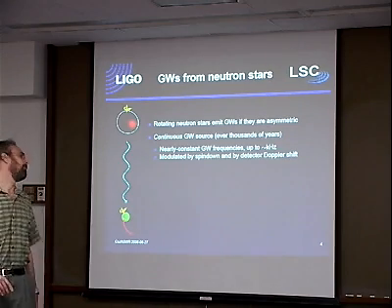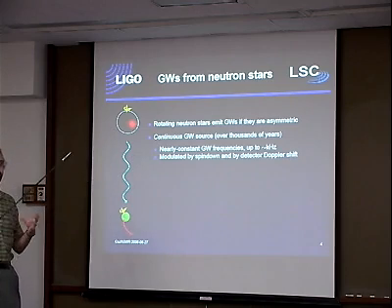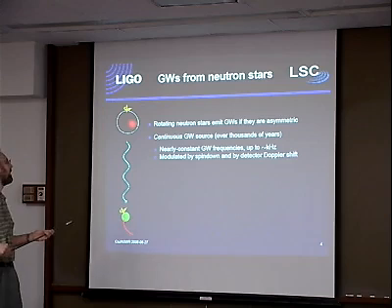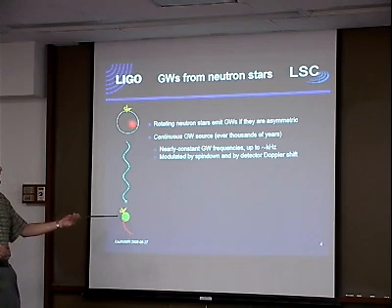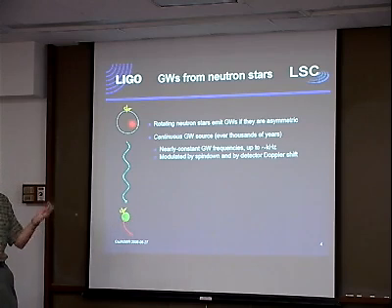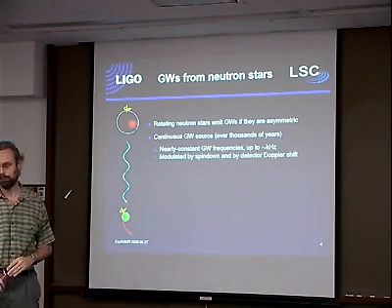They're almost constant frequency, but they are modulated, both from the star itself, maybe spinning down or maybe accelerated, but also the detector is sitting on the Earth, the Earth is spinning, the Earth is going around the sun. That produces a Doppler shift in the signal.